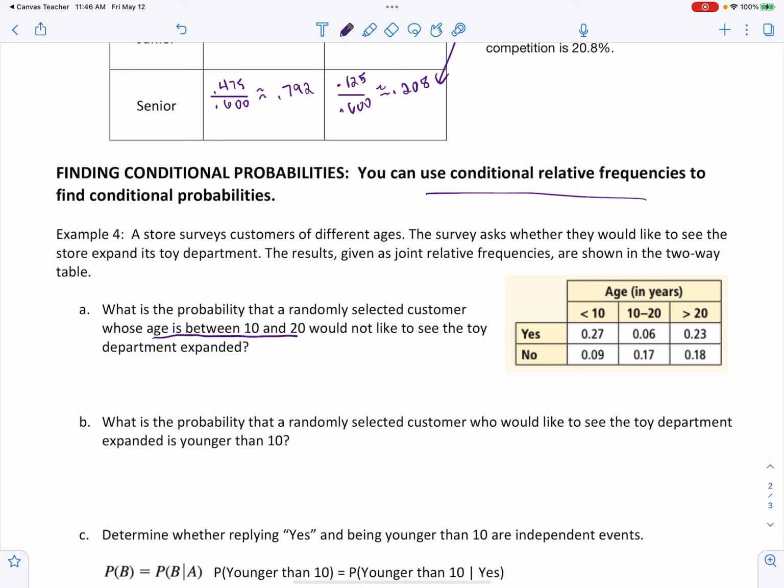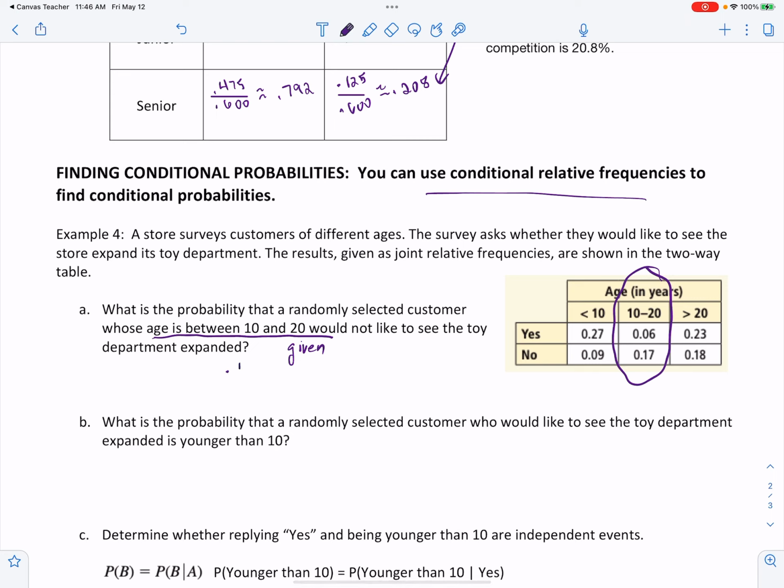Well, this right here is a given: given their age is between 10 and 20. That means we are only interested in this column, and we're going to ignore the other information entirely. So given we're using that column, what is the probability they do not like to see the toy department expanded?